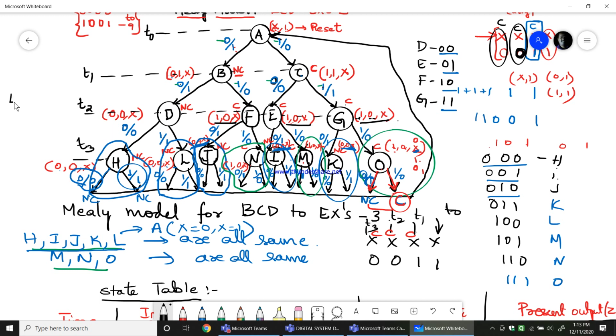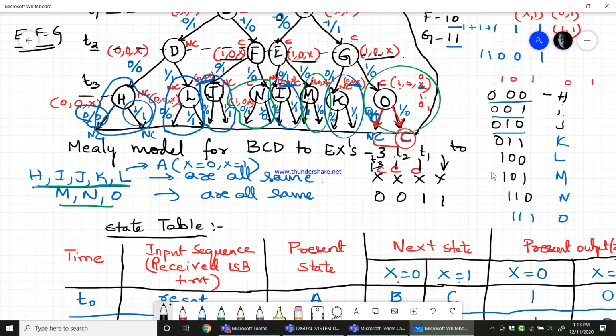Therefore, E will be equal to F will be equal to G. E, F and G will be equal. So I think three conditions you need to write here.